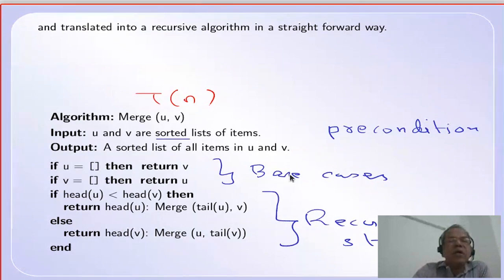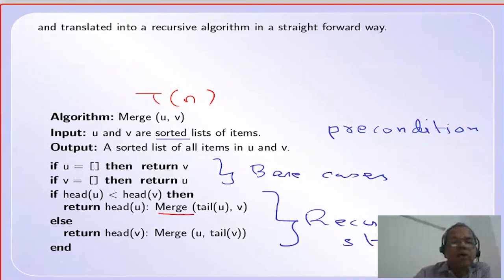When merge is called, does it make one recursive call or two recursive calls? In one call to merge, how many recursive calls? One or two or more? One, sir.